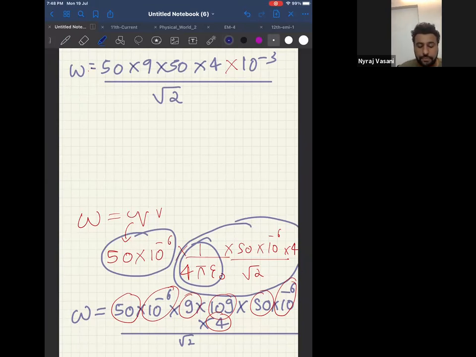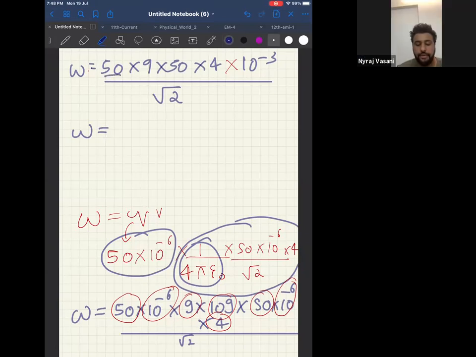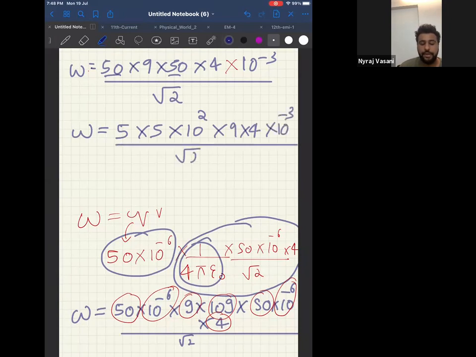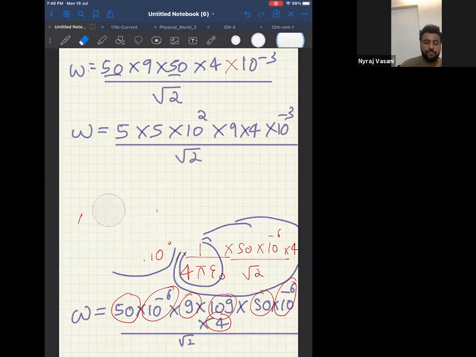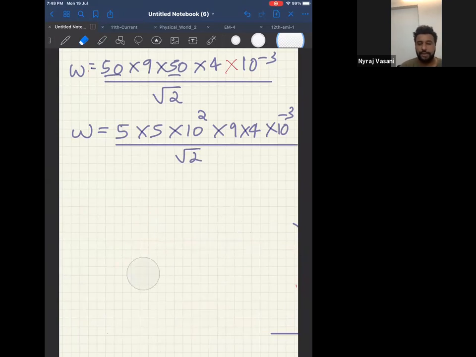Continue. 90 upon root 2. I have seen your answer. It is correct. 50 into 50, can I write 50 as 5 into 5 into 10 square, into 9 into 4 into 10 power minus 3 divided by root 2? Correct? Continue. How much do you think you will get?